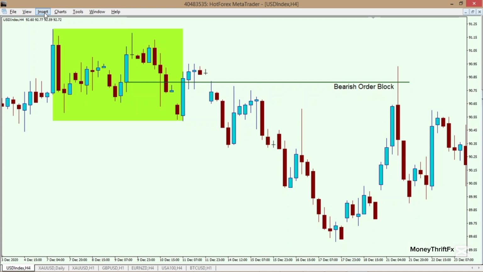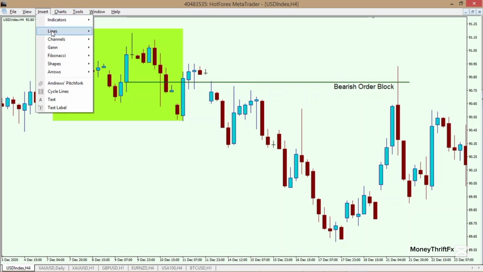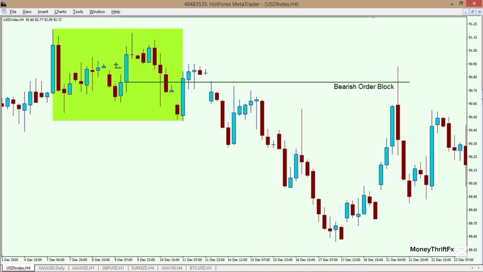We don't just take order blocks anywhere, because there are plenty of bullish and bearish candles around the chart here. So the order block makes more sense depending on where we find it. Our midway point of this range is this place. If you draw your Fibonacci, the 50% level is here.